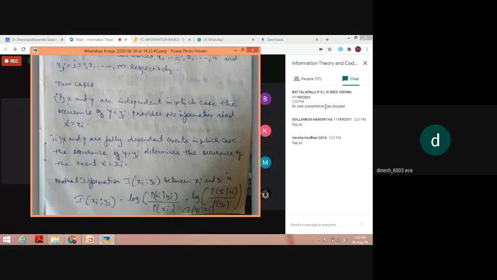X doesn't have information about y and y doesn't have information about x. So in that case, we can directly write I of xi is equal to minus log of p of xi, and I of yj is equal to minus log of the probability of yj. So that is your first case under the two variables.